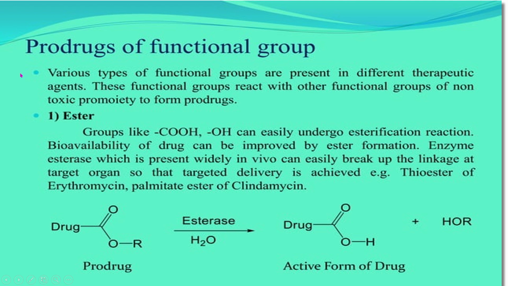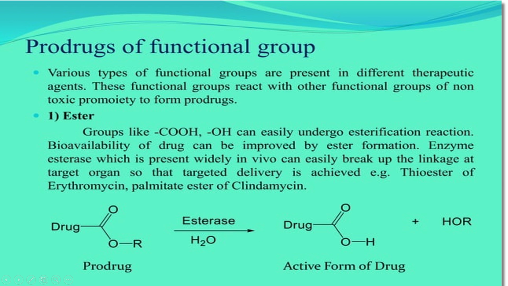This happens through formation of the ester bond between functional groups like carboxylic acid and hydroxyl group. An example of such a drug is thioester of erythromycin. Another example is palmitate ester of clindamycin. These ester forms of the drugs will easily go for the enzymatic cleavage reaction at the target location through the enzyme esterase.